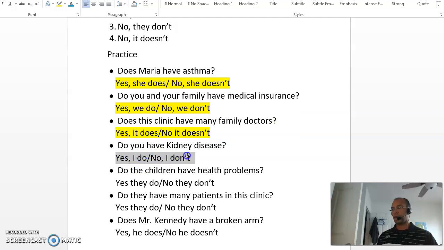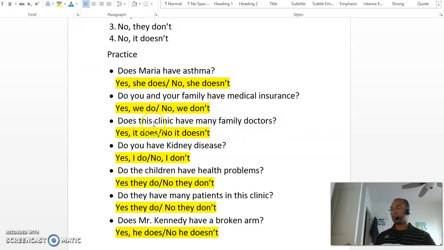No, I don't. Do the children have health problems? Yes, they do. No, they don't. Do they have many patients in this clinic? Yes, they do. No, they don't. Does Mr. Kennedy have a broken arm? Yes, he does. No, he doesn't.